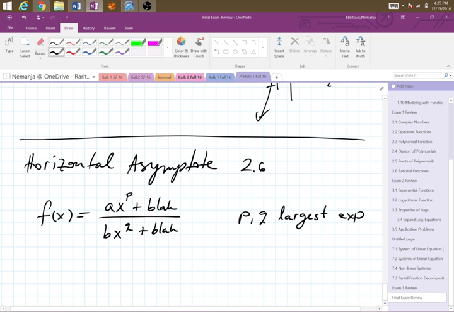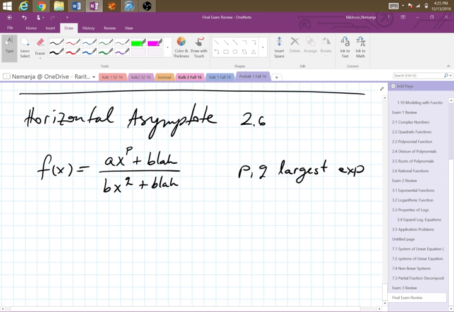Thank you. So now when you have this, the rules are: if p is smaller than q, the horizontal asymptote is at y equals 0. No questions asked. That's the first one.